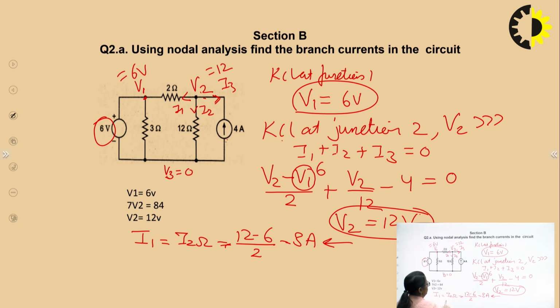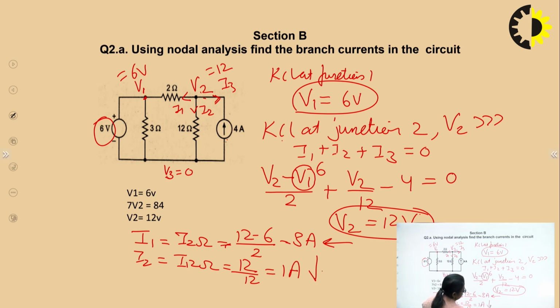Now I2, the current in 12 ohms, is V2 by 12. V2 itself is 12, so 12 by 12 makes it 1 ampere, and the direction would be downward, right?